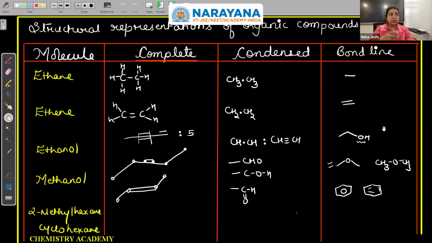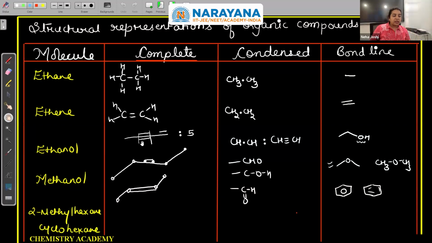If you have read it, complete, condensed and bond-line, three representations are there in NCERT. Complete means you write each atom and represent each bond. Condensed: you imagine all these bonds are like sticks and you compress them, so the sticks become invisible, and you simply write CH3-CH3, CH3-CH2.